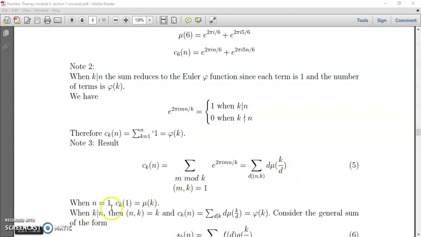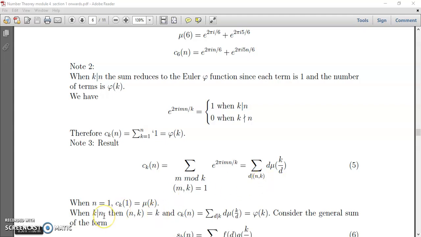That is when n equal to 1, you can see that c_k(1), this will become sum over d divides k of d mu of k by d. That is nothing but the Mobius function, that is mu of k, because the sum of the divisors sum is mu of k. That is why c_k(1) is mu of k.